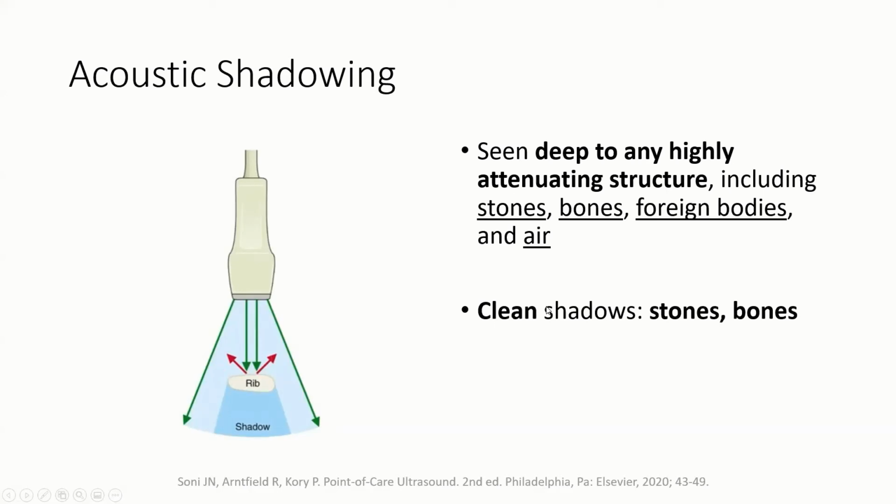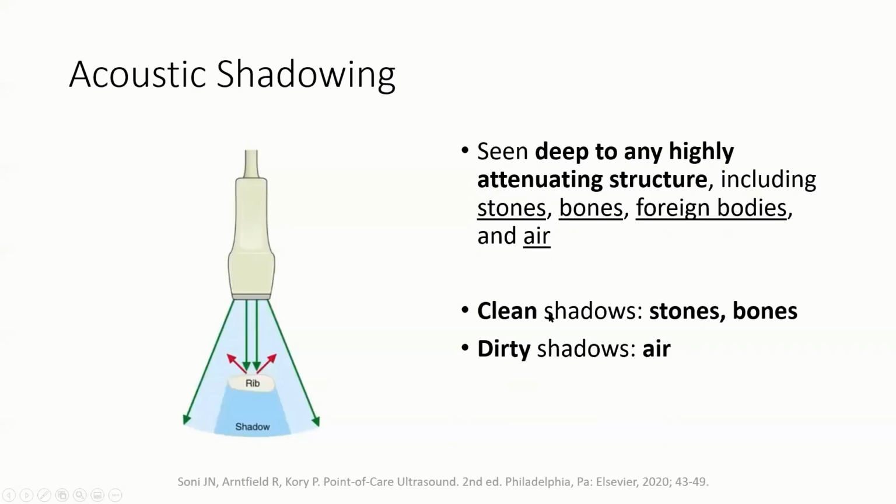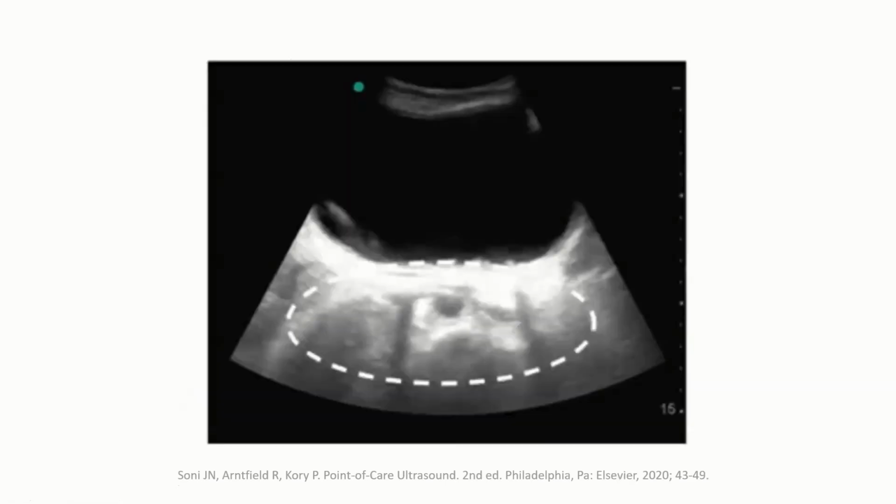When we have hard structures like stones, bones, or metals, we see clean shadows. But when we have air, we have dirty shadows. That makes abdominal ultrasound difficult for us. It's a dirty shadow from air.